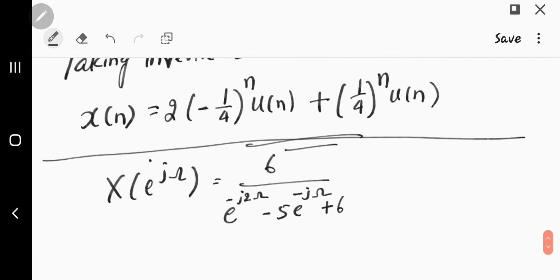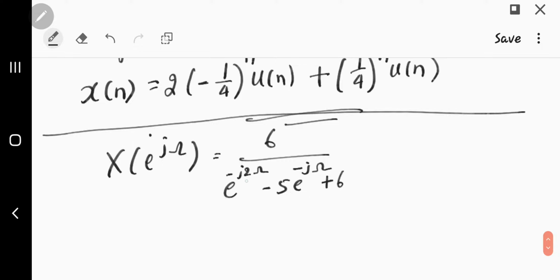Looking at the signal, we have order 2 and here is 1, so we can apply partial fraction expansion. If not, we have to take one more step using the long division method, and bring it to a form such that the order of the numerator is less than that of the denominator. Then only you can apply partial fraction expansion. So you have to remember that while dealing with this one.